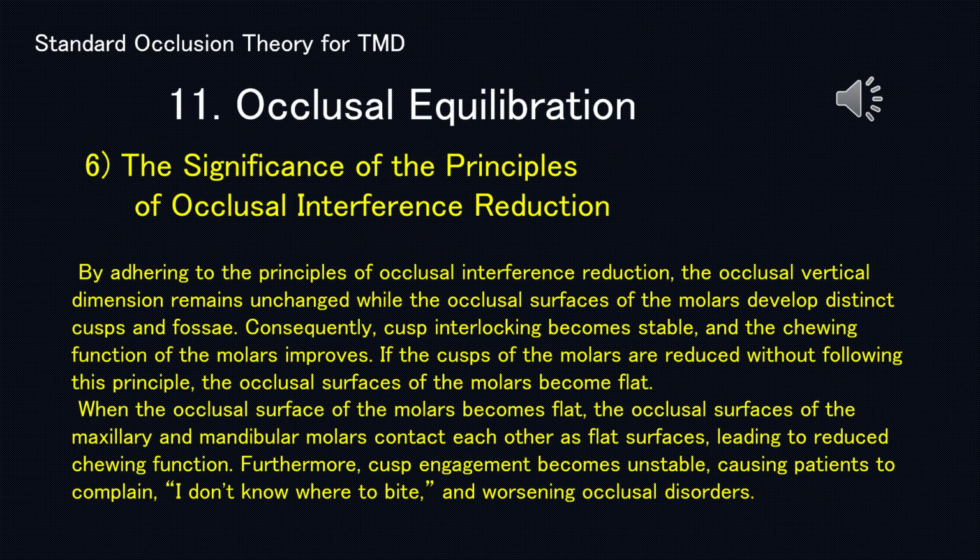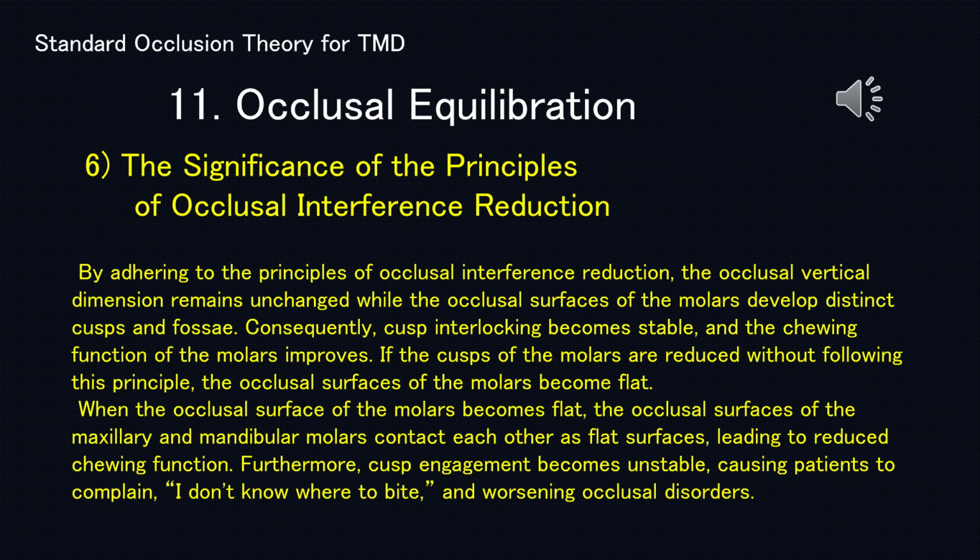6. The significance of the principles of occlusal interference reduction. By adhering to the principles of occlusal interference reduction, the occlusal vertical dimension remains unchanged while the occlusal surfaces of the molars develop distinct cusps and fossae. Consequently, cusp interlocking becomes stable, and the chewing function of the molars improves.